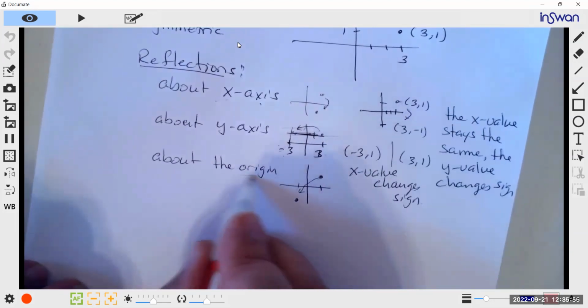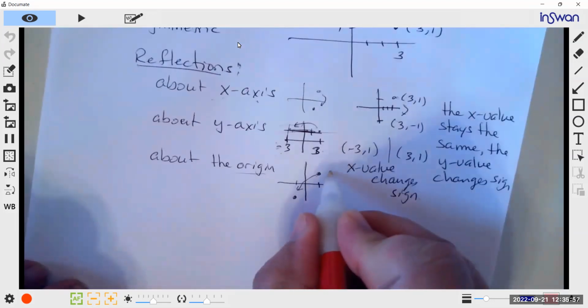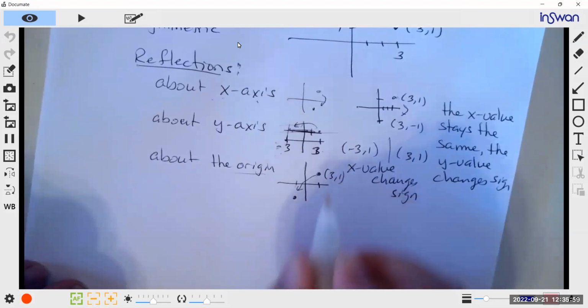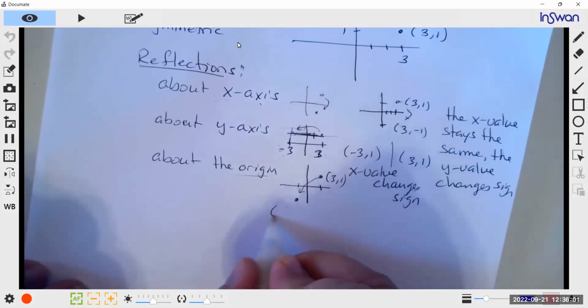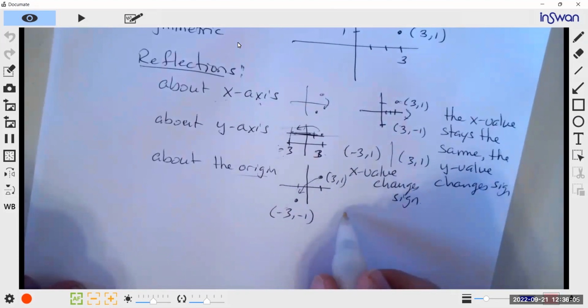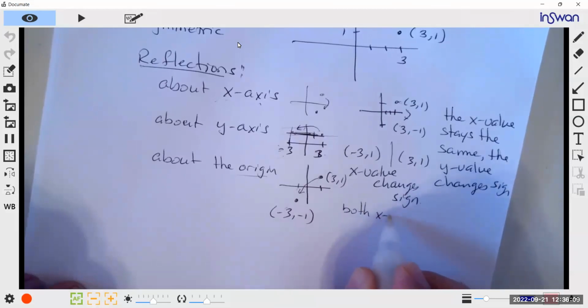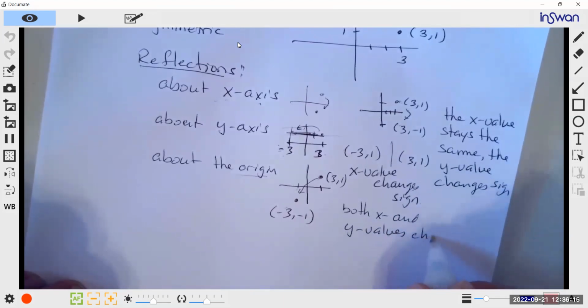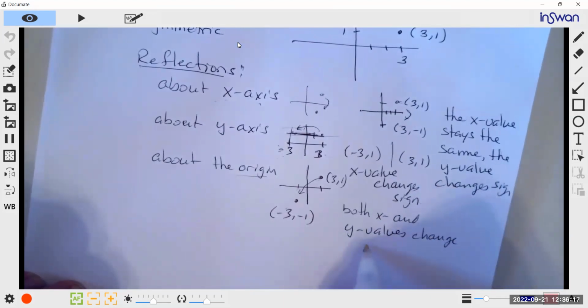Now, if it's across the origin, this is, let's say 3, 1 here. So now this is going to be -3, -1. Both x and y values change signs.